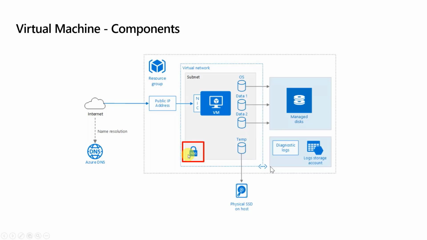Firewall is a device or appliance using which we can control the traffic, both incoming traffic as well as outgoing traffic. That means with the help of this, you can decide what kind of traffic is allowed in, and what type of traffic can be allowed outside from within the VM. Okay, so that is NSG.